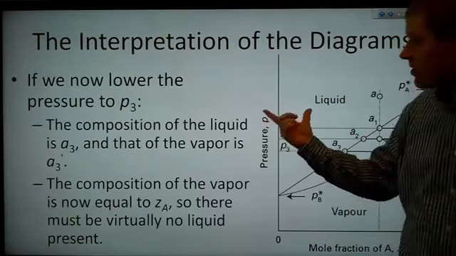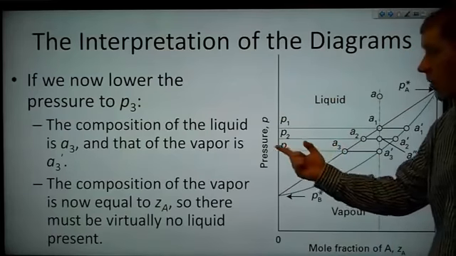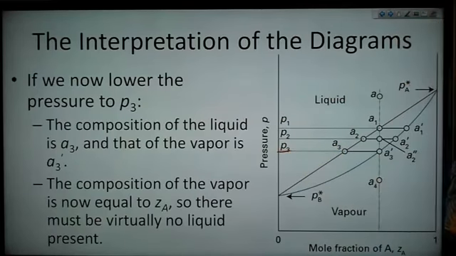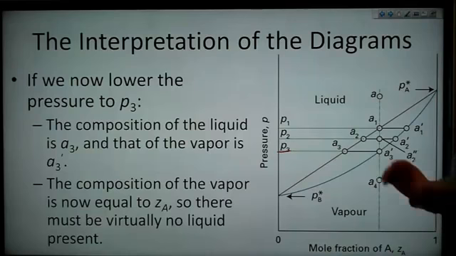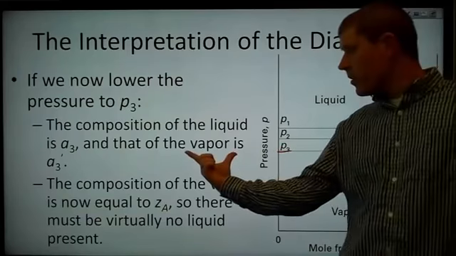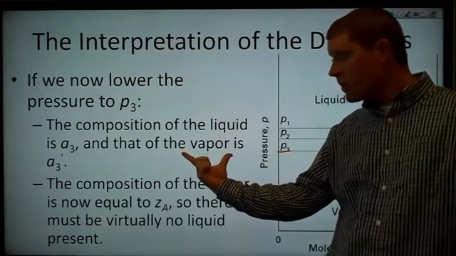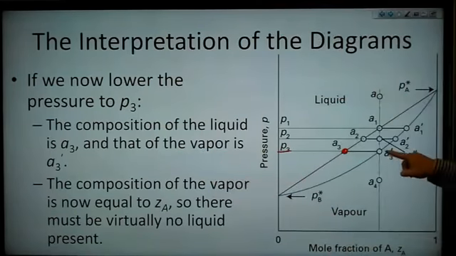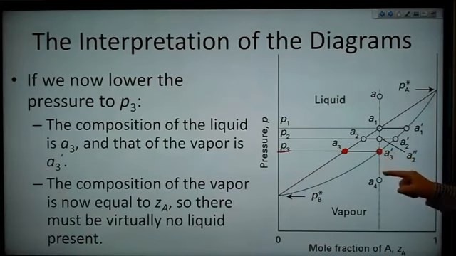So let's keep going. Let's lower the total pressure to P3, so that's this point. Now the composition of the liquid is at A3, so we're over here. For the liquid, we're even more enriched in B than we were at pressure P2. And that means the composition of the vapor is at A3 prime, that's here.